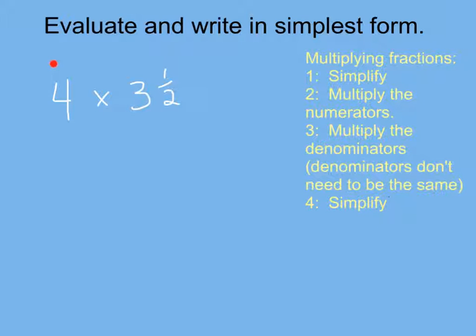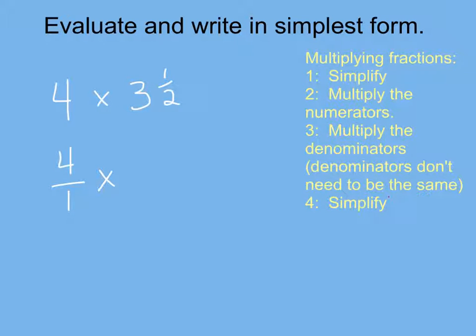Let's take a look here at this problem. We have a whole number that we're multiplying by a mixed number. So the first thing we want to do is take this whole number and change it to a fraction. So I know that 4 wholes is the same as 4 over 1. And now we're going to multiply that by this mixed number. Now, if you remember from years past, to get a mixed number like this into an improper fraction, we're going to multiply the denominator by the whole number and add the numerator.